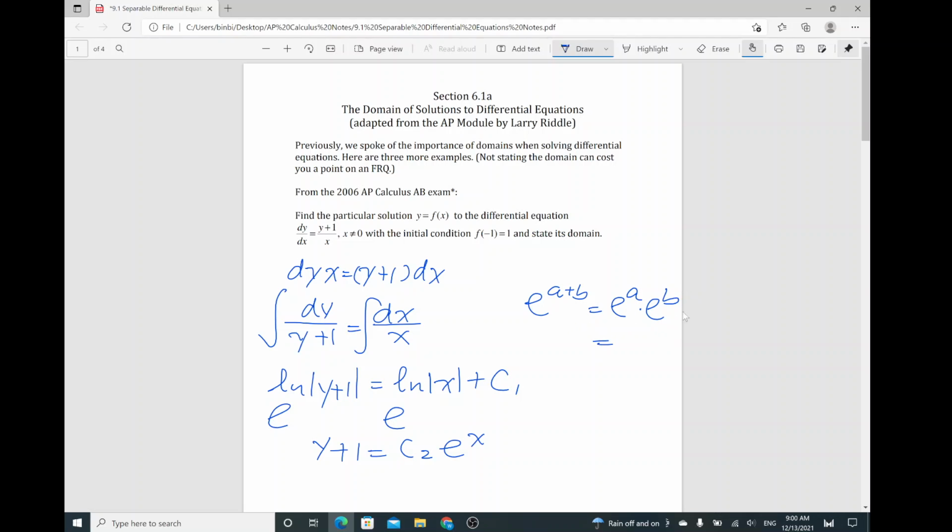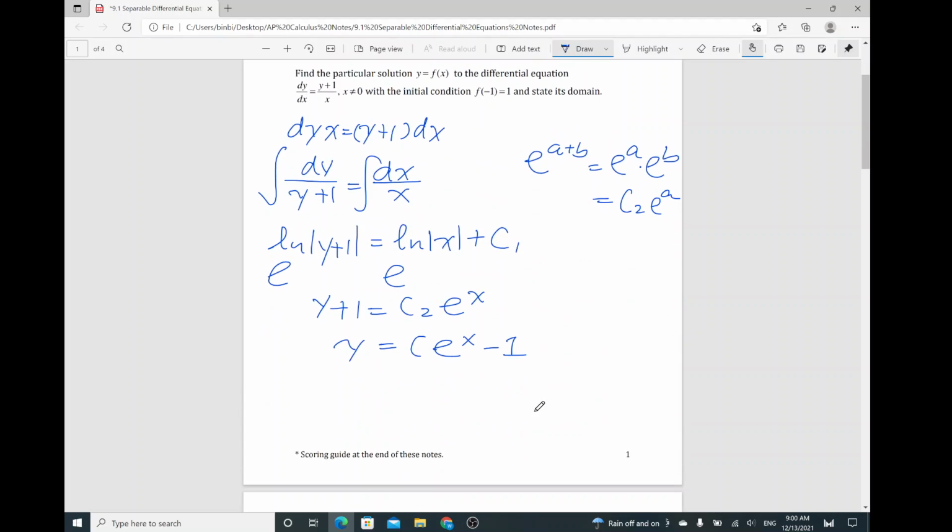So that is the general formula. Then we can solve for y, isolating y by itself. Let's just call c2 a general constant c. So y equals c e to the power of x minus 1. That would be the exponential model.